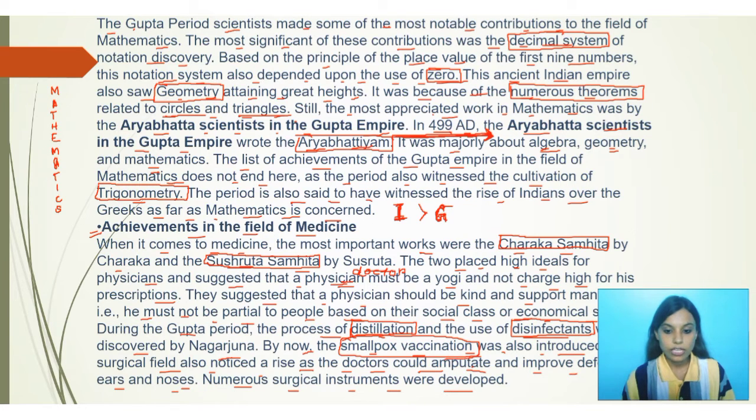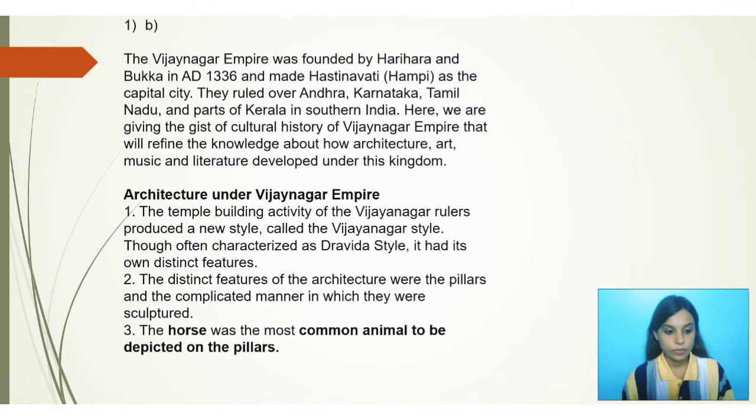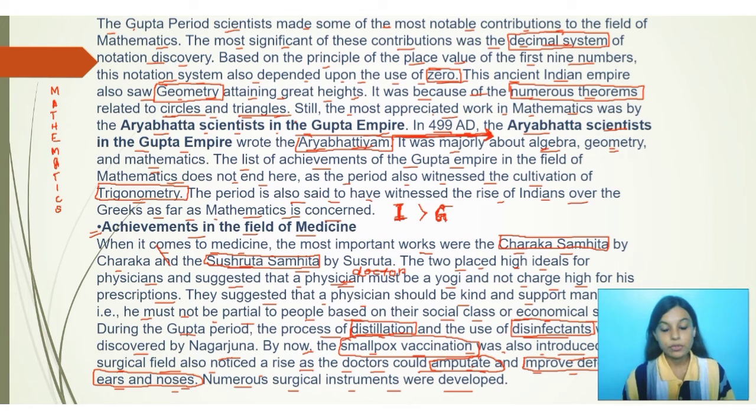So doctors could amputate and also improve deformed ears and noses. So that was all about the advancements in the field of astronomy, then medicine, then mathematics.